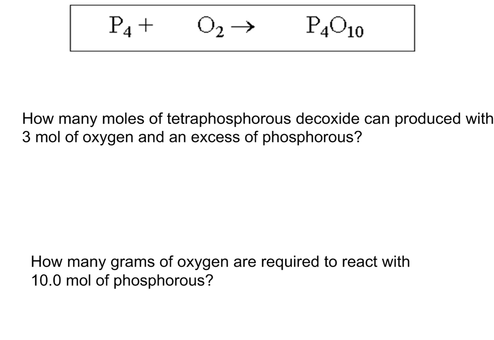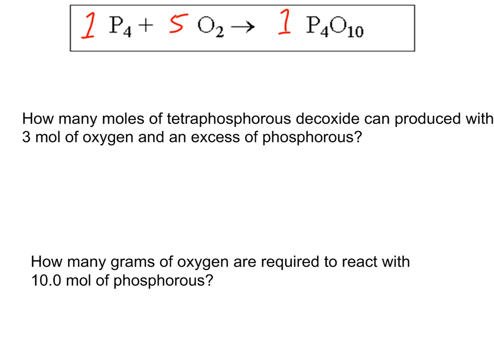Remembering our balancing technique, we're going to put a 1 in front of the most complicated part. Then we balance the phosphorus by putting a 1 over here, and balance the oxygen by putting a 5 in here. So now that we have our balanced equation, we're prepared to do some quantitative work with that equation.